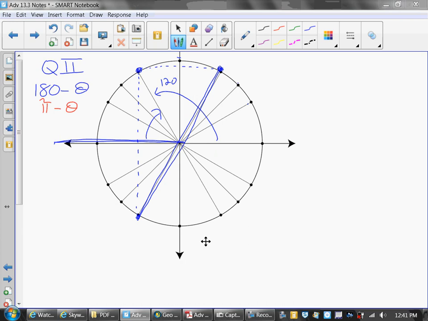So if you're in the third quadrant, the reference angle for the third quadrant is going to be whatever this angle is minus 180, because that allows you to bounce back up to here. Because you'll notice that these angles here and here are congruent.